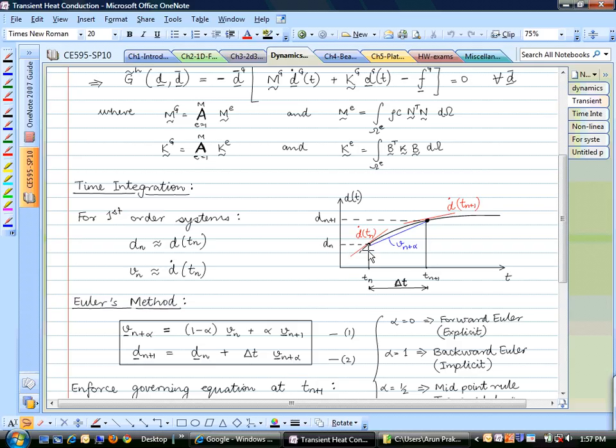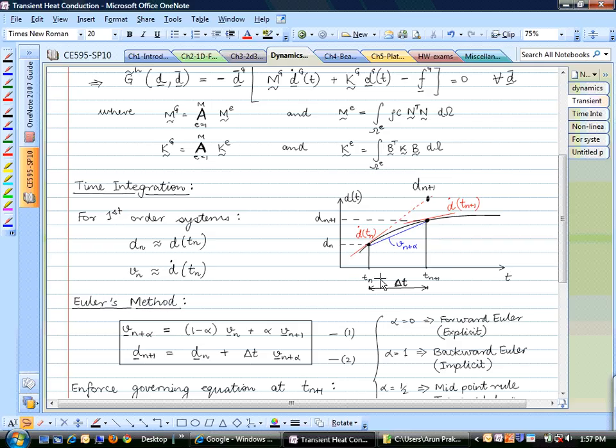So what we are saying here is you can extend this line, and the approximate solution at n plus 1 is going to be this dn plus 1. So you can clearly see that all these methods of time integration are going to make this much error. No matter what time integration scheme you use, there will be error.